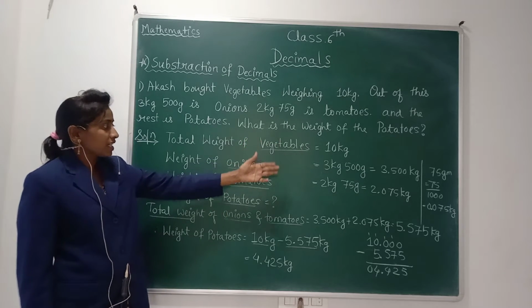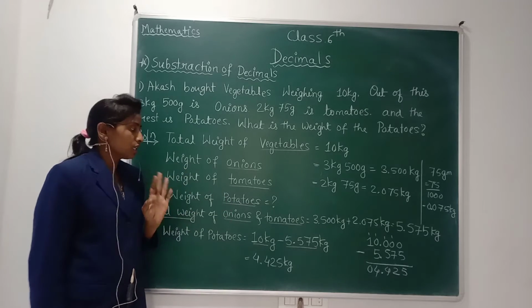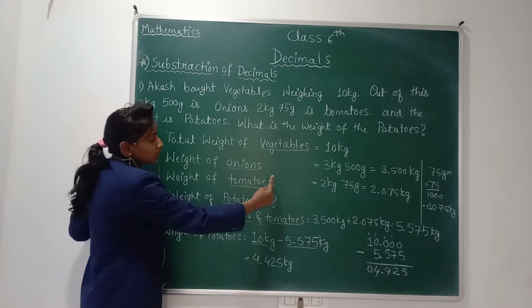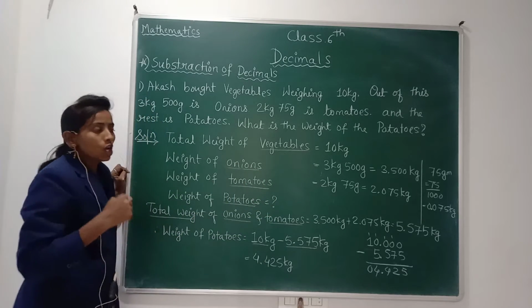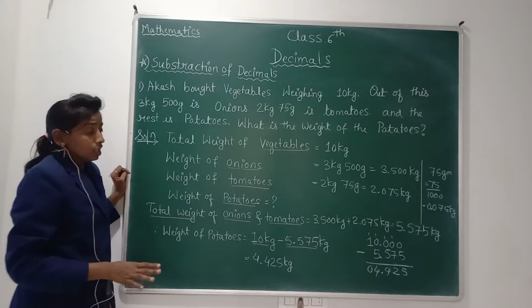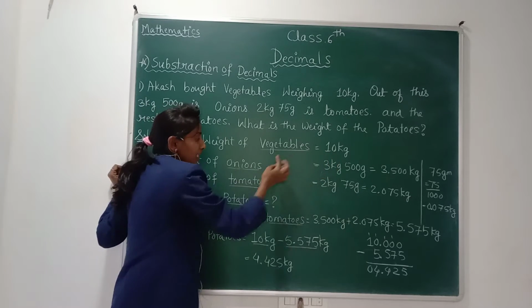Here they have asked the weight of potatoes. The total weight is 10 kg, and the weight of onions and tomatoes they have given. So what is the weight of the potatoes? If we add the total weight of onions and the total weight of tomatoes, then whatever answer comes, we have to subtract it from the 10 kg.